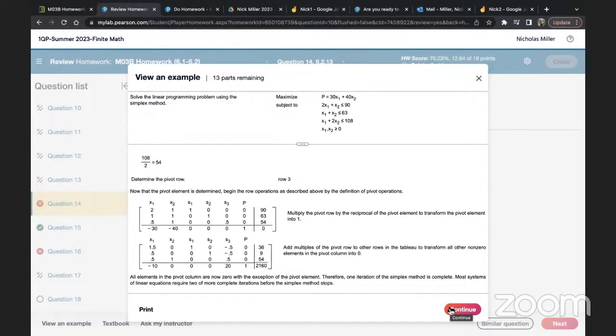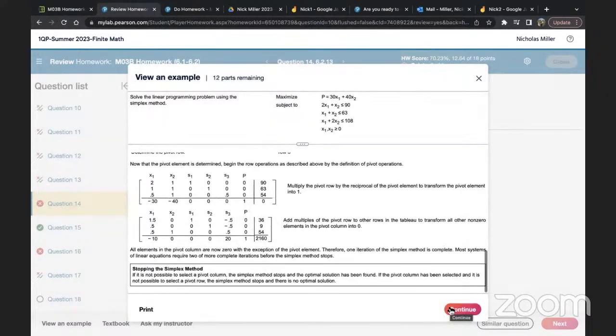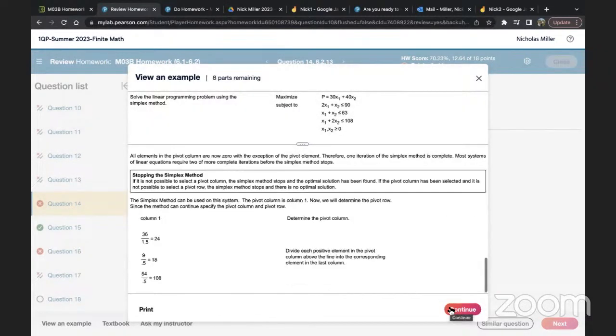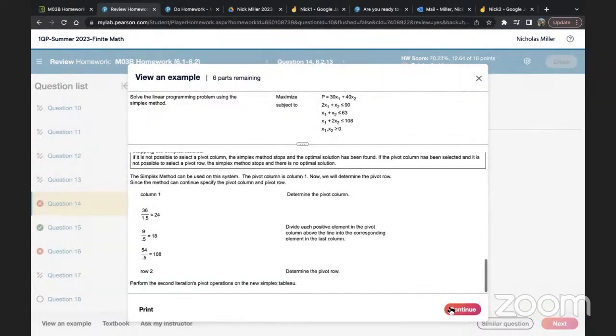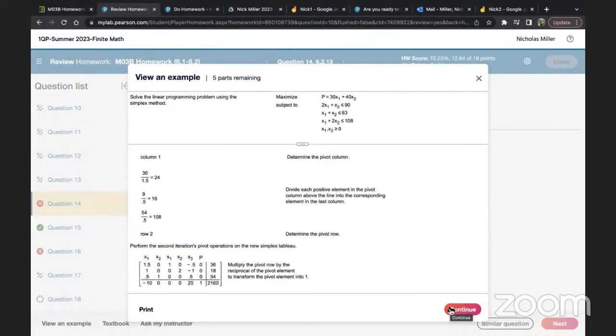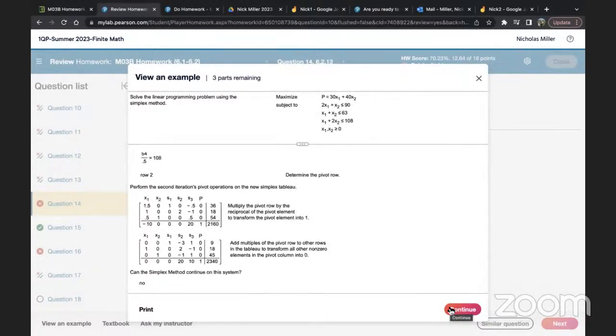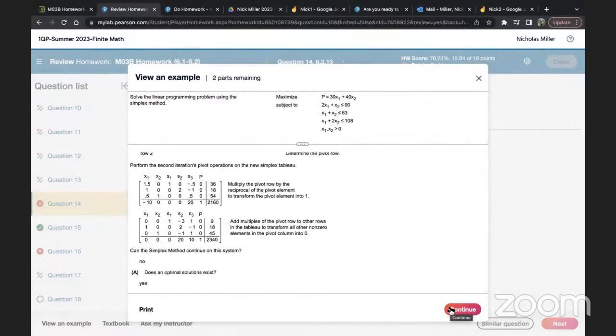Let's see if it goes to reduced row echelon form at the end. Keep going. I'm hoping it turns into the 100. Yeah, keep going. It's looking like it's getting a little closer to that.